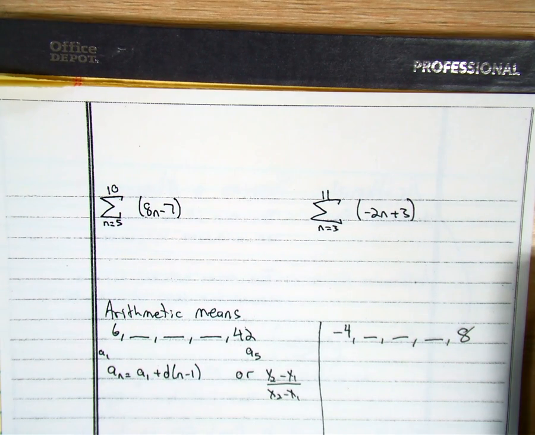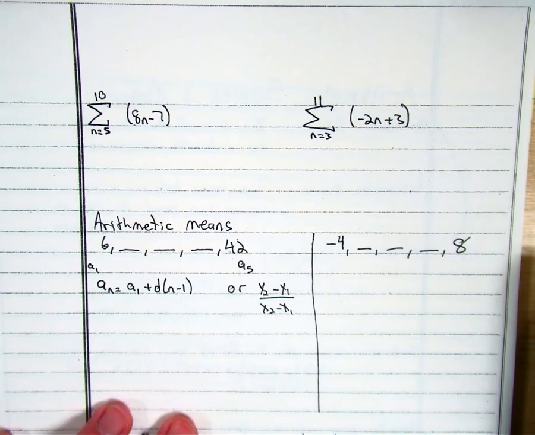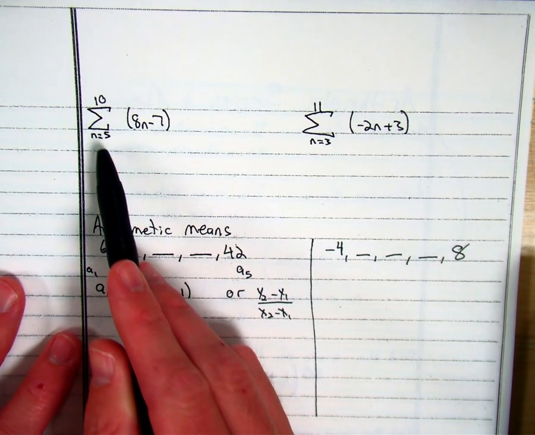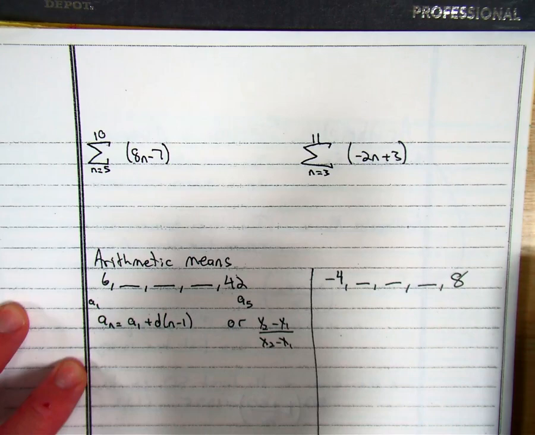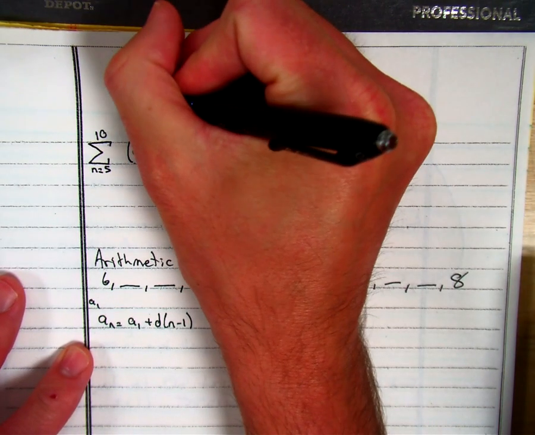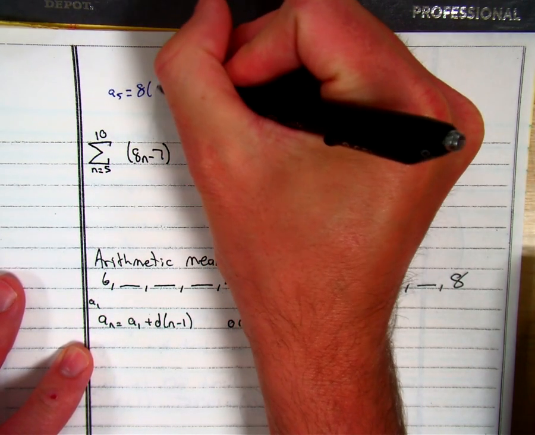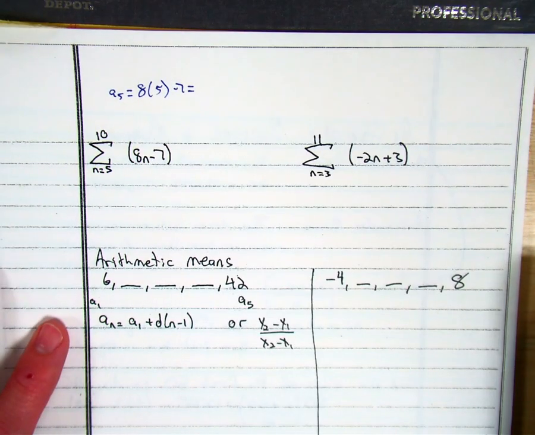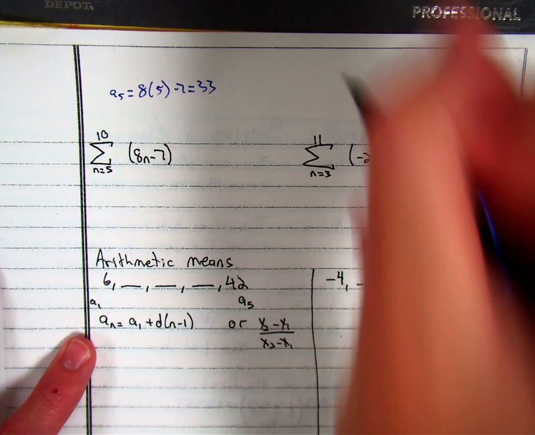On the back side, we'll do one of these together, and then we'll do some of the means. So these get a little tricky when it doesn't start with 1. So still the same process. I need the first term and the last term. So if I plug in 5, 8 times 5 minus 7, 40 minus 7 should be 33.